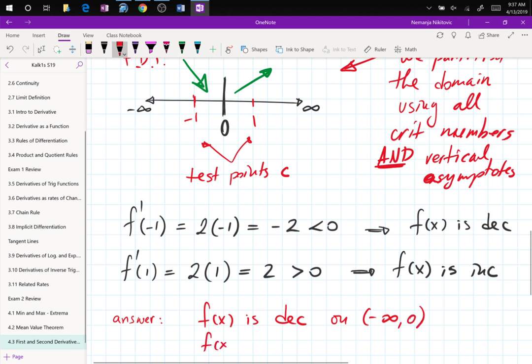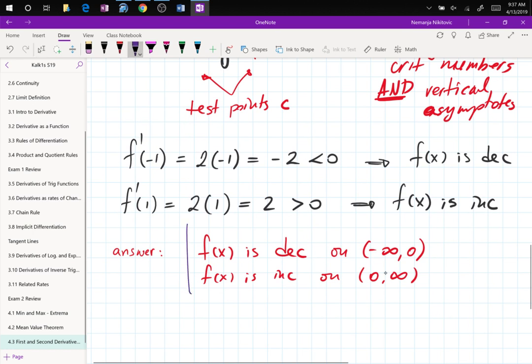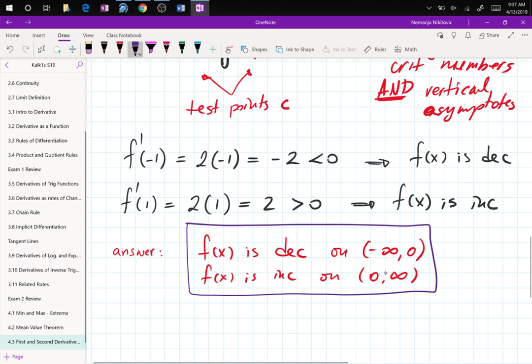And then underneath, f of x is increasing on 0 to infinity. And then you box that. So this is what we have. This is what we get, which is awesome.